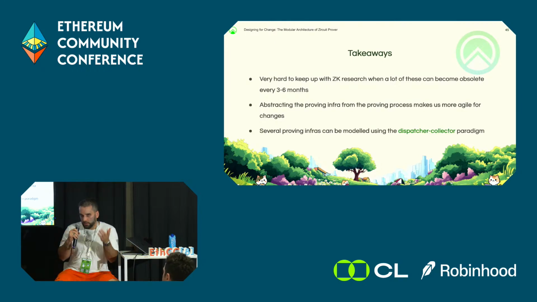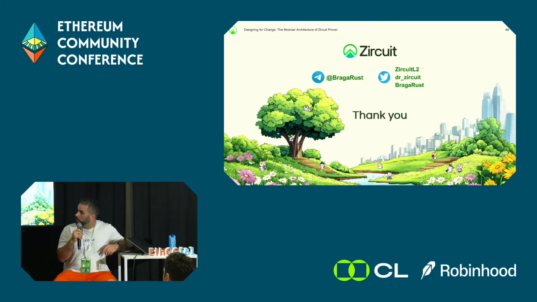We just happen to have a rollup, and the nice thing about dispatch-collect is you can use it for anything as long as you have an executable or something that collects. We just happen to have a proving system that way. And that's it. I think I have a couple of questions, one or two minutes for questions.